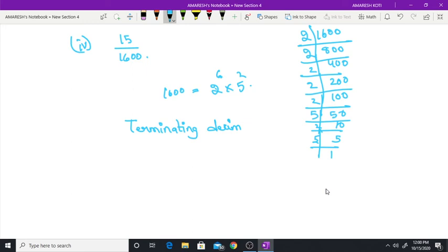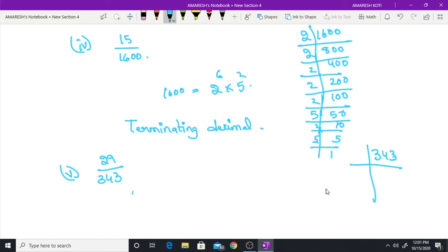Total 10 sums are there. I'll explain 5 sums and do 5 sums as homework. 29 by 343. Do the prime factorization for 343. But as you can observe, 343 cannot be divisible by 2 and 5 also.